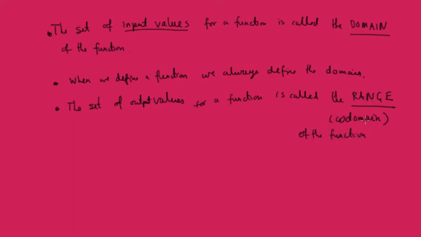So the range or codomain are the output values and the domain are the input values.